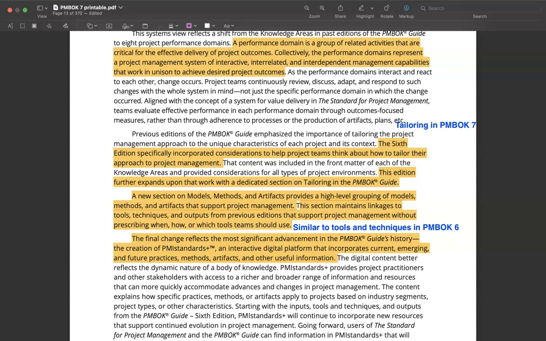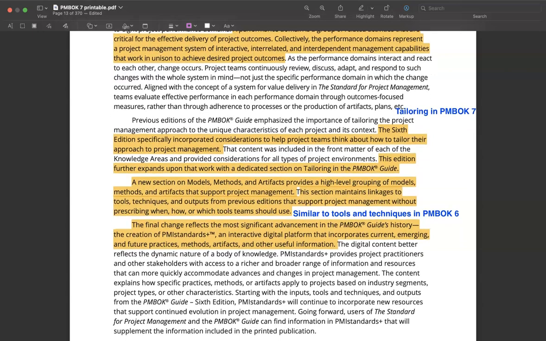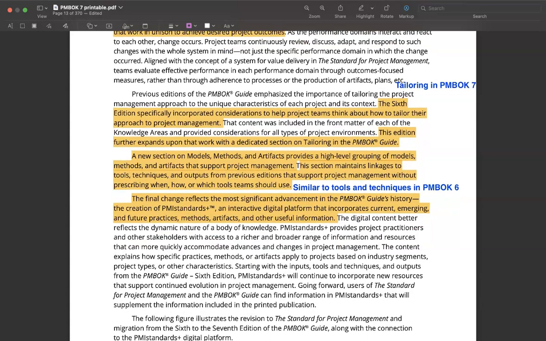What they've done is carve out an entire new chapter for tailoring. It goes on to explain tailoring in more depth, and basically expands upon all the tailoring sections that were there in the PMBOK 6th edition.